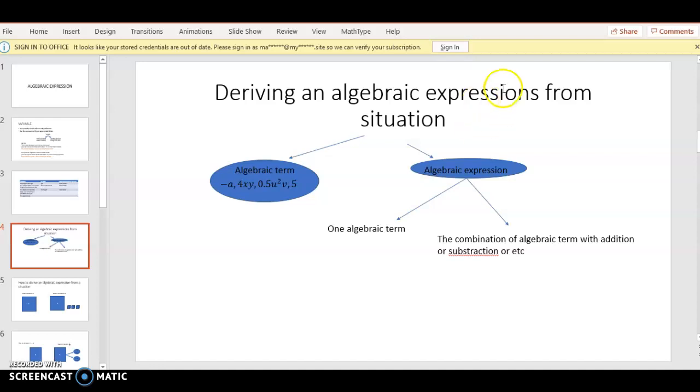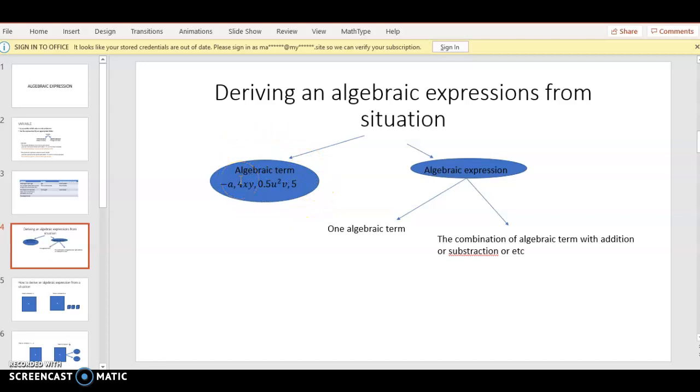The first thing that you should know is what algebraic terms are. Examples of algebraic terms are negative a, 4xy, 0.5, u to the power of 2, v and the number 5. What is meant by algebraic terms?